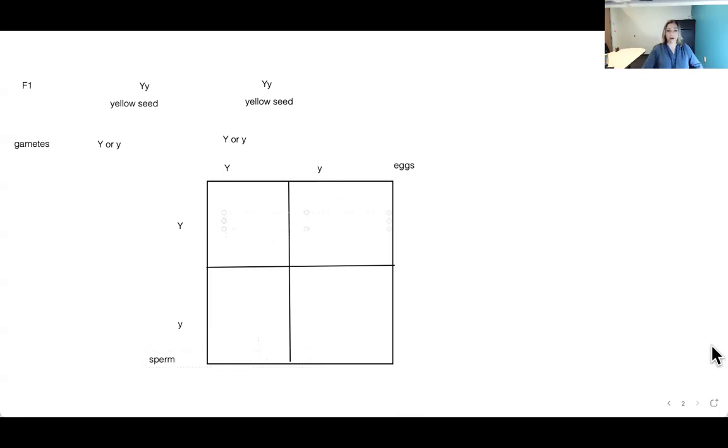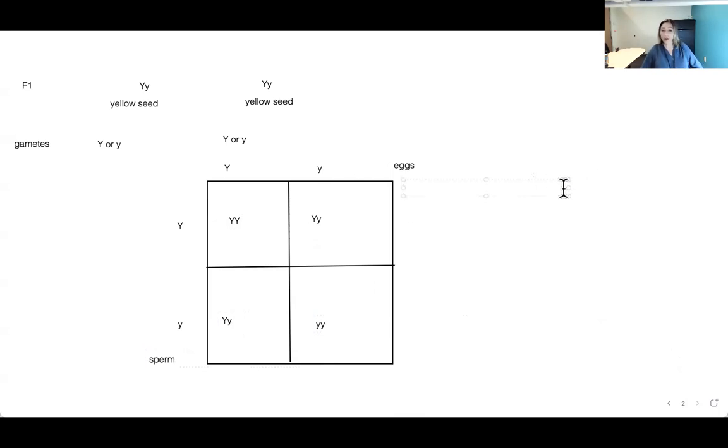So in this square, you have big Y, big Y. This square, big Y, little y. This square, big Y, little y. And this square, little y, little y. So all I'm doing is taking the gamete for the column and row and putting them together.